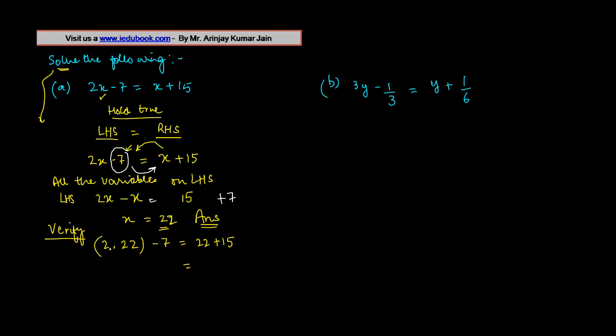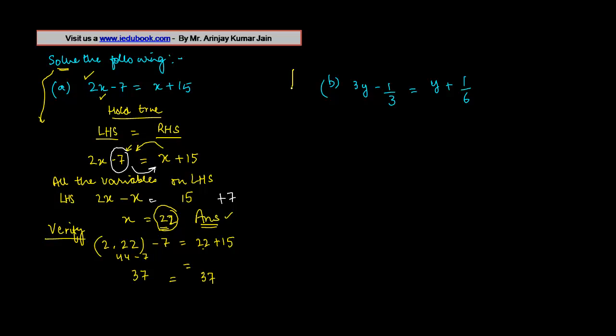So 2 into 22 gives me 44, minus 7, 44 minus 7 I know is 37. And 22 plus 15 is also equal to 37. Hence, the value of x, which is 22, is the solution for this particular linear equation.